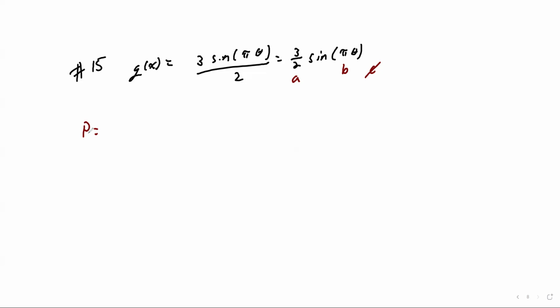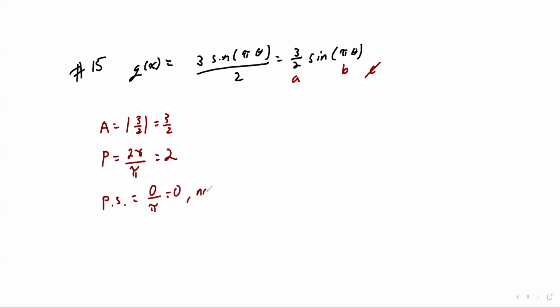Nope, amplitude is the first one. Okay, try that again. My amplitude will be the absolute value of 3/2. So that's 3/2. My period would be 2 pi divided by pi, which in this case is 2. So you can have a period that no longer has pi in it. And then my phase shift will just be 0 divided by pi, which will still be 0, so no shift.